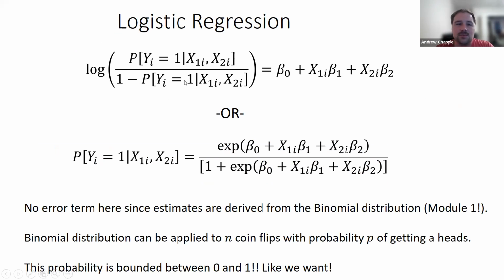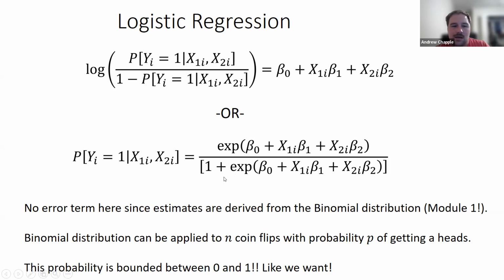So we model it like this. We're going to model the log odds. It's the log of the probability of the event over 1 minus the probability of the event, which is equal to, you'll notice this right-hand side looks a lot like linear regression: beta 0, that's your intercept, plus x1i beta 1 plus x2i beta 2. If you transform this, if you just did some math and worked around for the probability that y equals 1, this is the format.